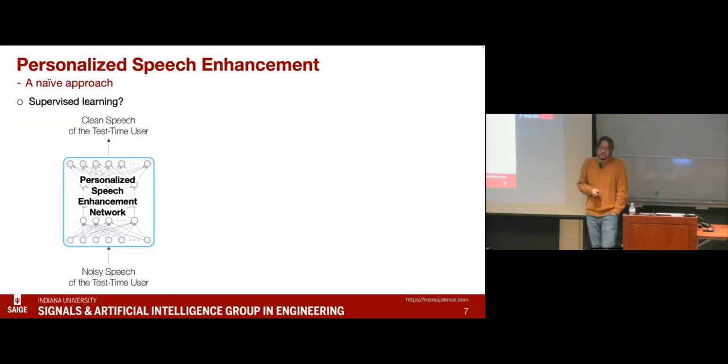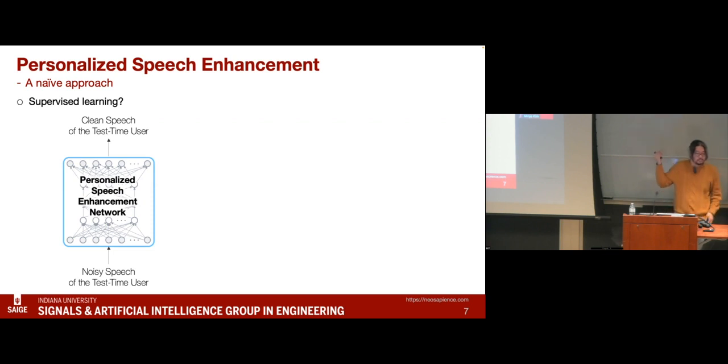A naive approach to personalized speech enhancement would be, for example, you could collect some noisy speech of the target test time user. Oh, I'm super interested in this test time user, Minje Kim, because he's interesting. So you collect the noisy speech from this guy, and because he lives in some home, he has some refrigerator running and washer machine and dishwasher and everything.